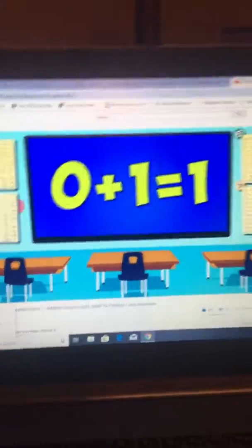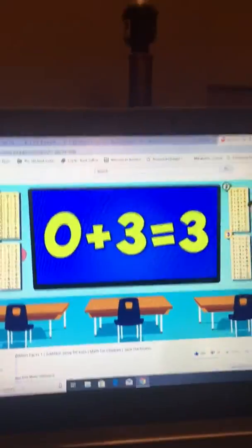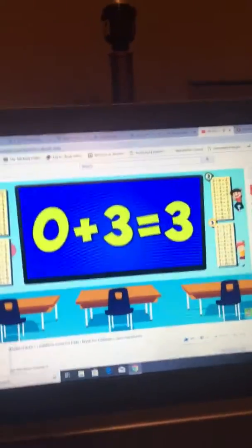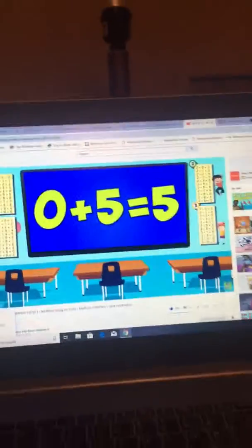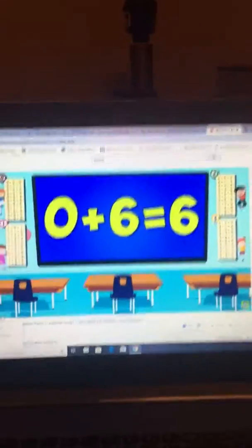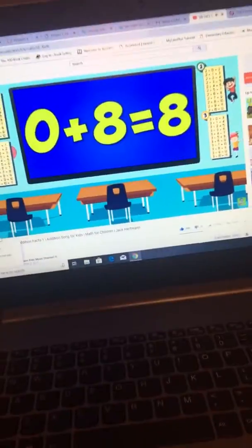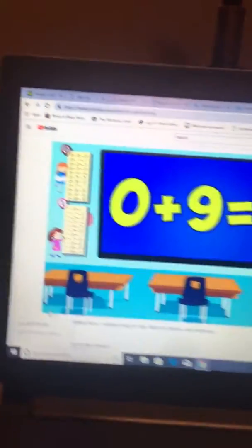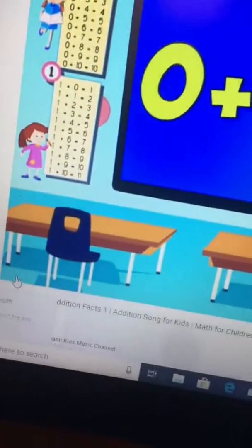Hey everyone, shout out the answers. 0 plus 1 is 1. 0 plus 2 is 2. 0 plus 3 is 3. 0 plus 4 is 4. 0 plus 5 is 5. 0 plus 6 is 6. 0 plus 7 is 7. 0 plus 8 is 8. 0 plus 9 is 9. 0 plus 10 is 10.